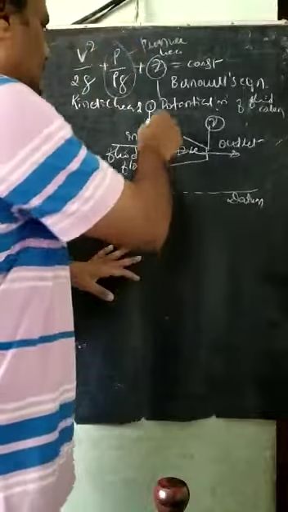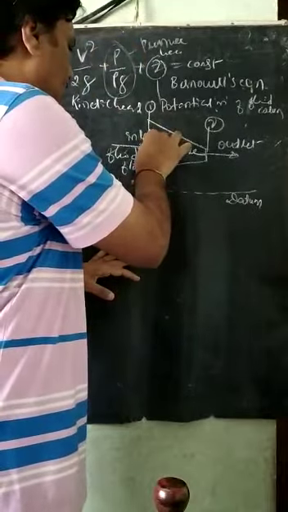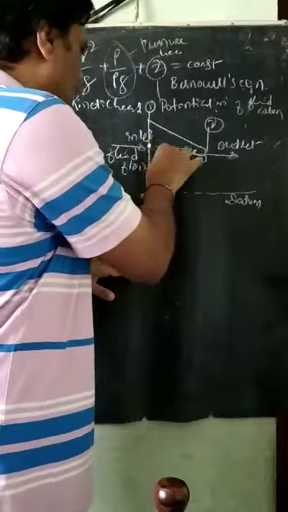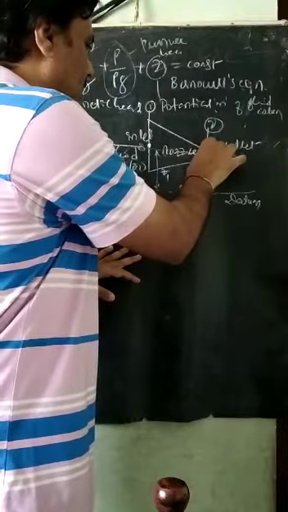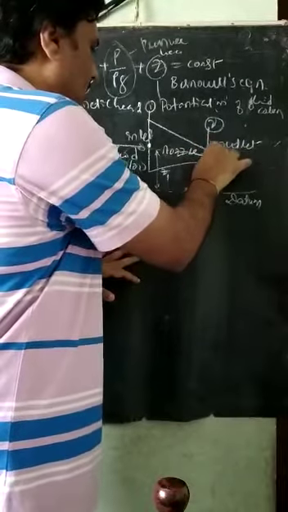This is the first point, which has a height Z1 from the datum line, and the second point, the center point here, has height Z2 from the datum line.